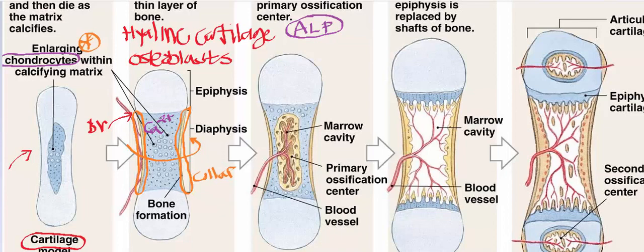Okay? Now, there are some blood vessels that do penetrate the exterior of the bone where the bone collar is, but the point is whenever this ground substance or this matrix becomes calcified, it becomes essentially impermeable to nutrients. And this is essentially going to cause chondrocyte death. Okay?